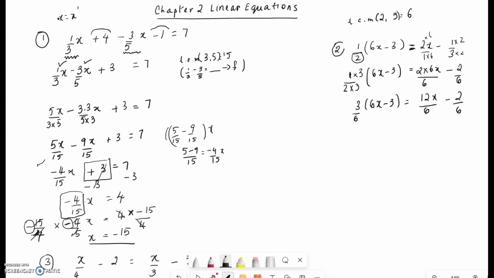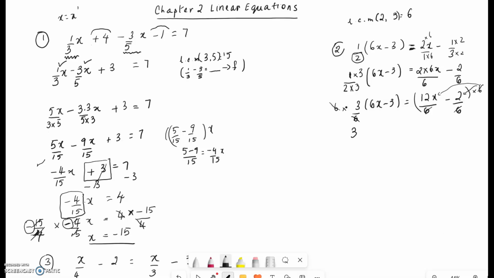Now what's the advantage of having 6 throughout the equation on both sides on every single term? Now if I multiply both sides by 6, the 6's cancel. And remember, because of distribution, each gets a 6, which means the 6's cancel each other out.